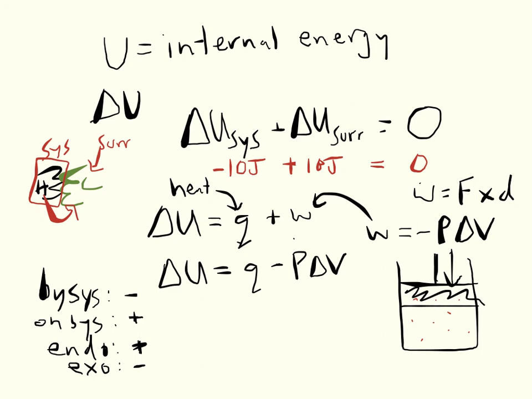If we define the system as the gas in the tank, we did work on the system. We pushed the piston down, we did work on it. So the amount of work that we did would be positive. So this value that we would plug in for W here would be positive. In addition, we're giving heat to the system. That's an endo reaction. This would be a positive value too.